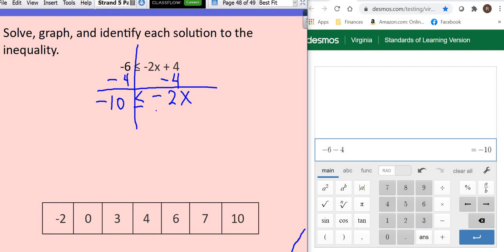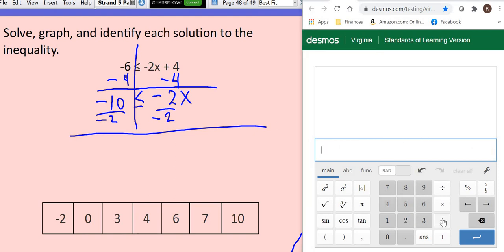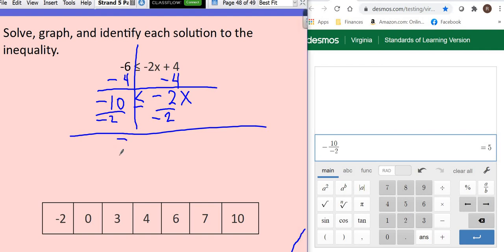So now I'm going to have to divide by a negative on both sides. When I'm dividing, the bells go off. Of course, we're going to have to do some flipping. First, let's do the math. Negative 10 divided by a negative 2 is 5. We divided by a negative, so we have to flip this over, and then we're going to get x. Now, we have solved it, but now we have to graph it.